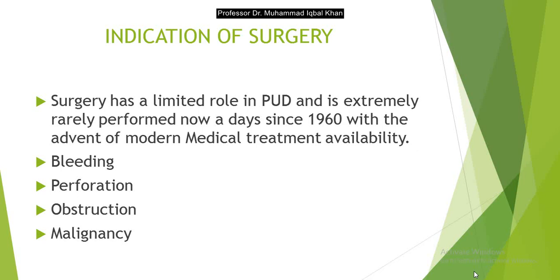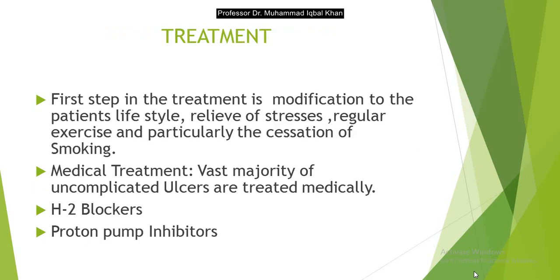What is the medical treatment? In the medical treatment, the commonest from around 1960, the H2 blockers came into the market and were being used. After that, surgical treatment became almost obsolete.